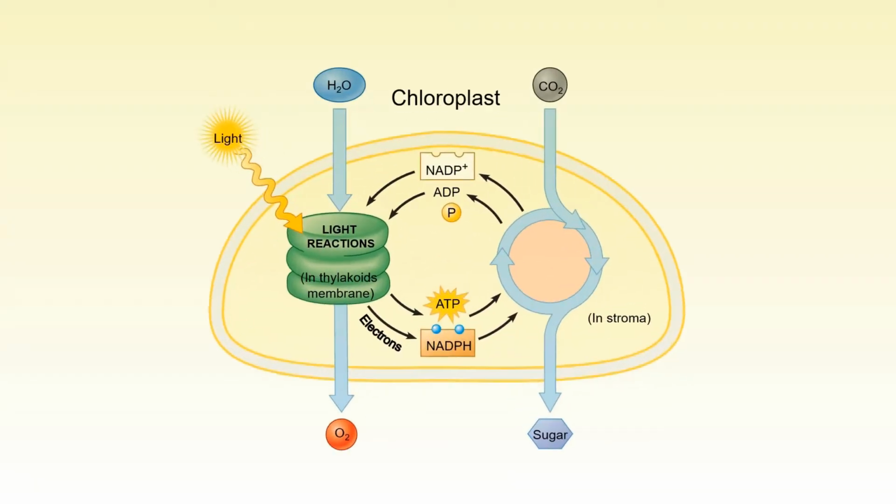In plants, which developed later than the photosynthetic bacteria, photosynthesis occurs in a specialized intracellular organelle, the chloroplast. Chloroplasts carry out photosynthesis during the daylight hours.